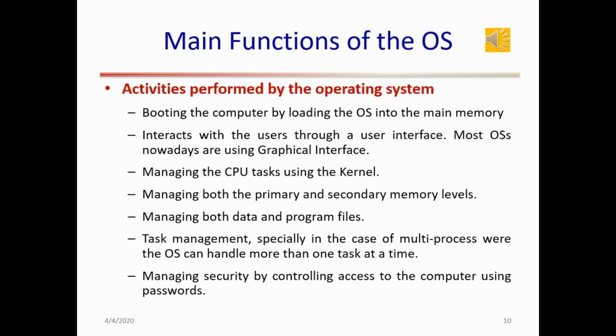It also manages the running programs and their data. In the case of multi-process, the operating system manages which part of the different tasks are to be running and which part to wait. It also secures the computer and manages the users who can access the computer by using passwords.